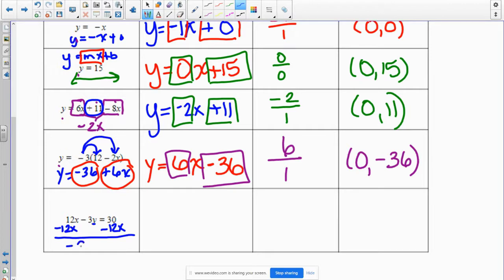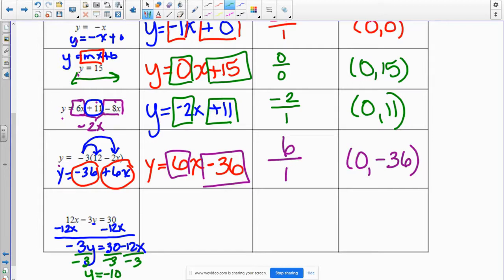So then I'd have negative 3y equals 30 take away 12x, because you can't actually physically take 12x away from 30. Then you'd have to divide by negative 3, and each term gets divided by negative 3. So negative 3y divided by negative 3 is y. 30 divided by negative 3 is negative 10.